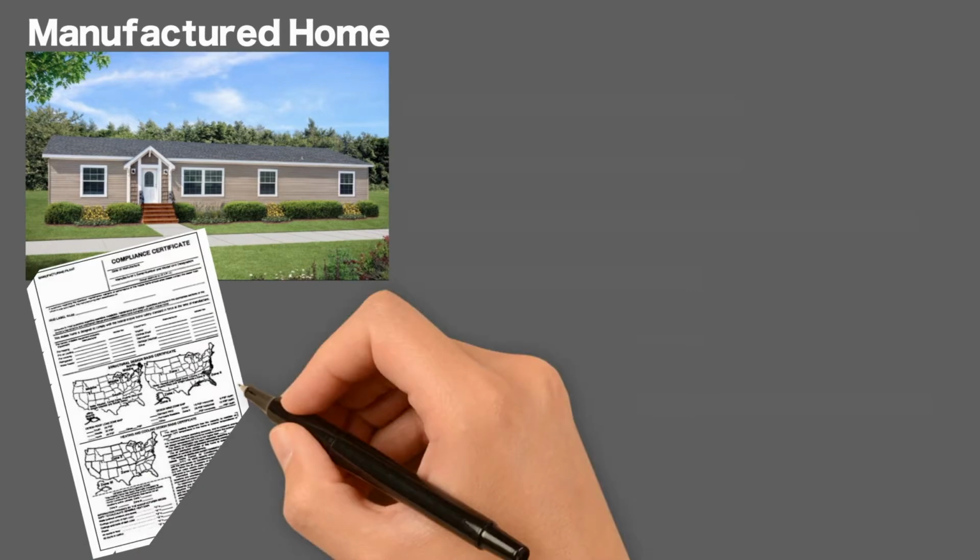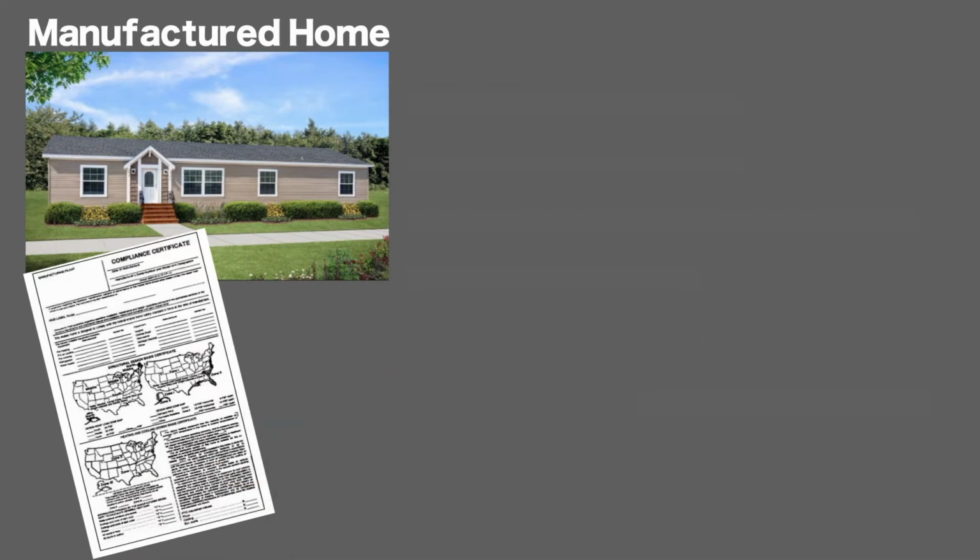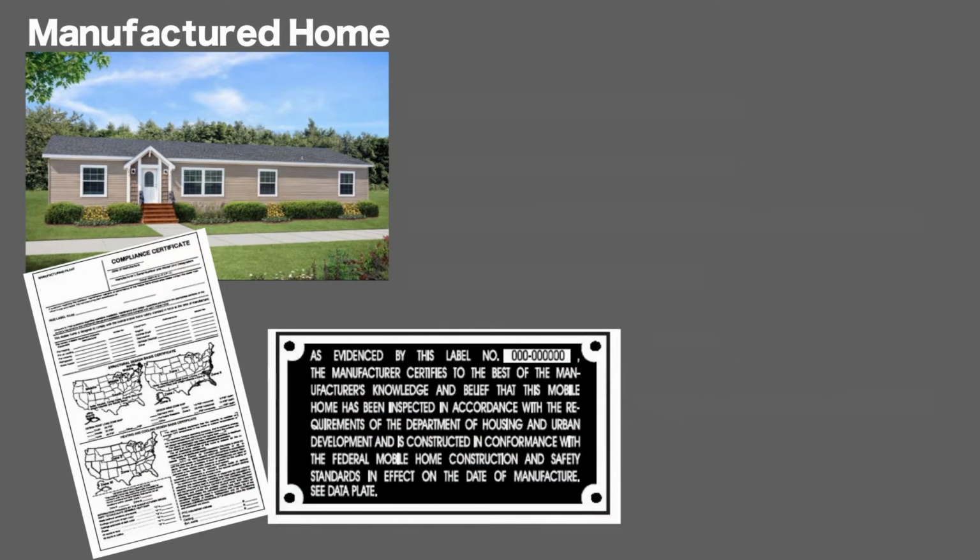Third, a manufactured home is factory built in the U.S. to the HUD Title VI construction standards, commonly known as the HUD code. The HUD coded home will display the certification label and the data plate. The certification label can be located at the tail end of each transportable section of the home, and the data plate will be located inside of the home.